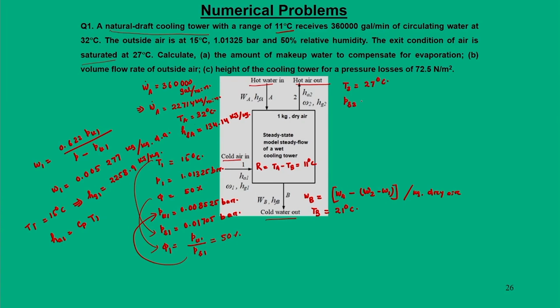So, we can say what is PS2, 0.03567 bar, and then omega 2 would be 0.02268. Total pressure remains the same.